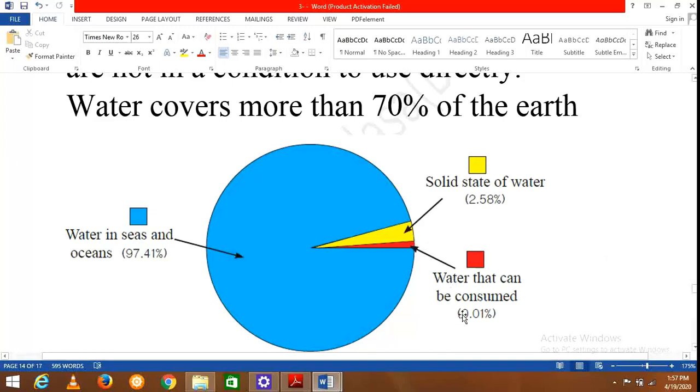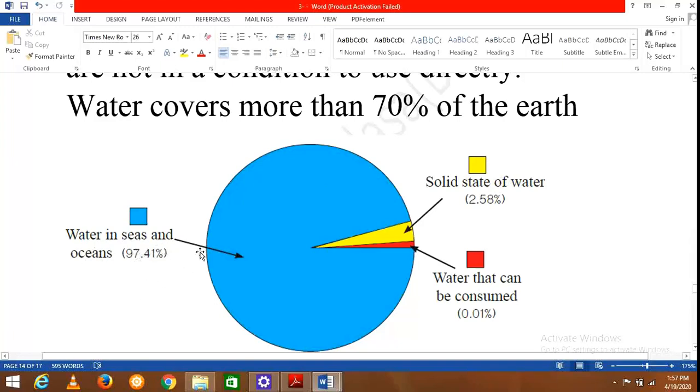Out of this very little percentage, the majority of it is polluted due to bad human activities. Right, you have to remember these percentages to get an idea about this.